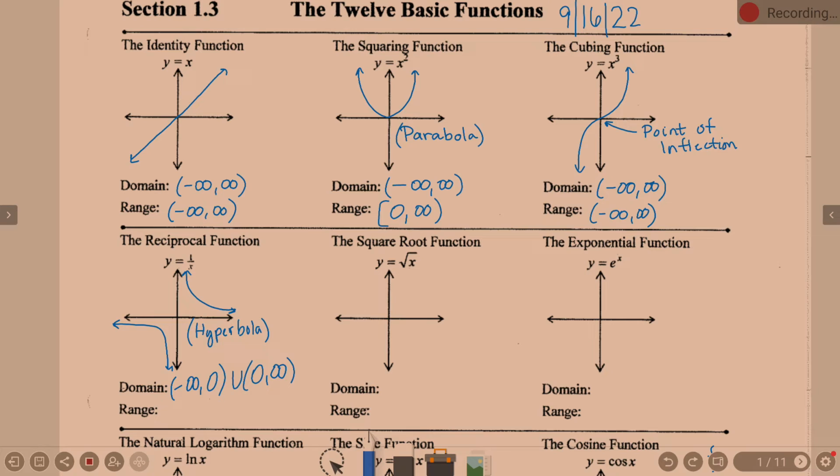And so right there, am I ever going to touch 0? No. Now, where does my graph pick back up? The other side of 0, right? Now, it also moves to the right, but that's fine. It's still 0 and then up to infinity. So I'm going to say negative infinity to 0, union, 0 to infinity.